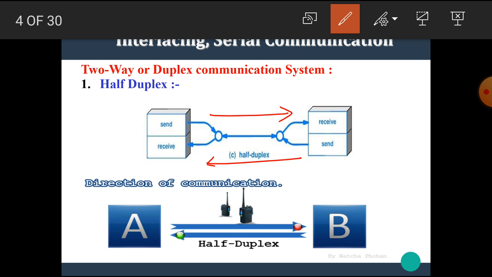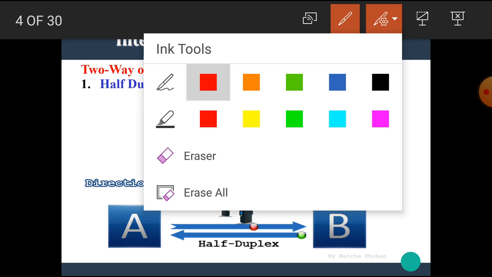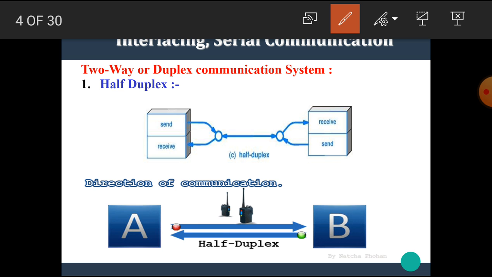In this type of system, the data can flow in both directions, but the condition is that if this is the transmitter and this is the receiver, when the transmitter transmits its data towards the receiver, then at the same time the receiver cannot transmit its data towards the transmitter. Okay, when this data transmission is completed, then and only then this receiver block can transmit its data. This is shown in this animation.